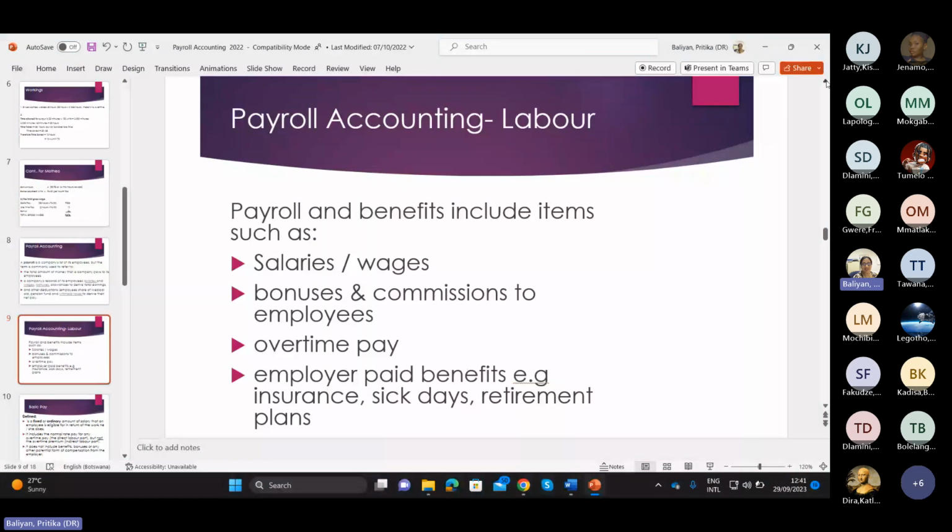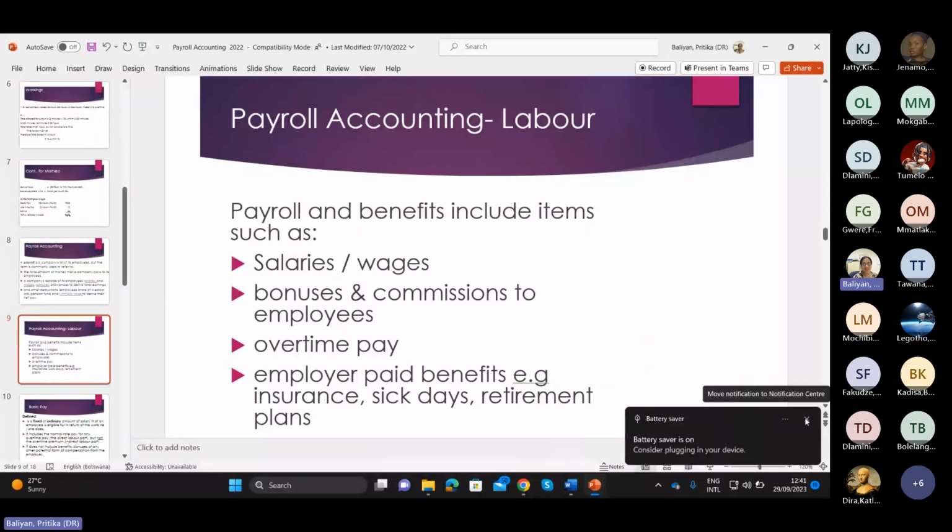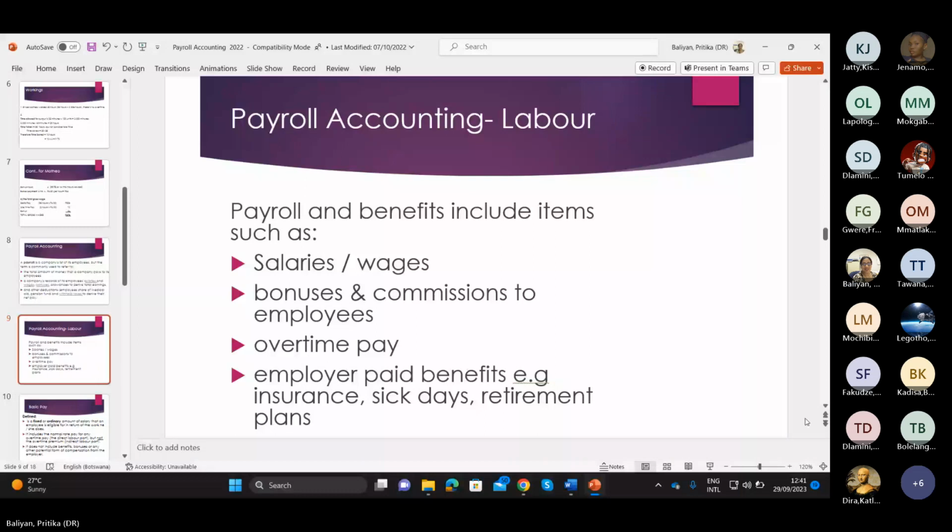If somebody's basic scale is 30,000, it is not necessarily that they will be given 30,000. From that, if he has already taken a loan, the interest of the loan will be deducted, tax will be deducted, and after that the remaining amount will be paid to the employee.